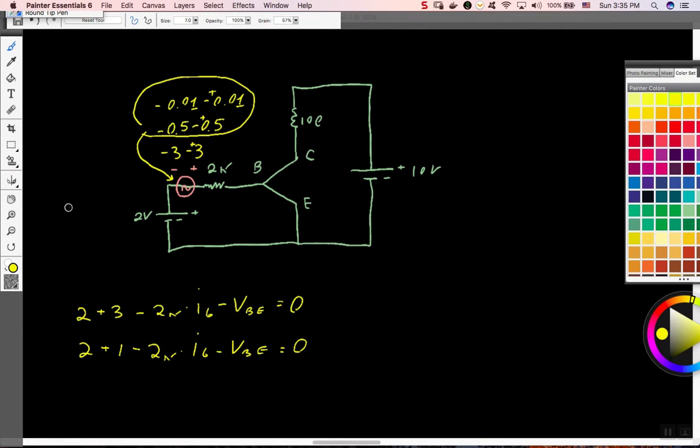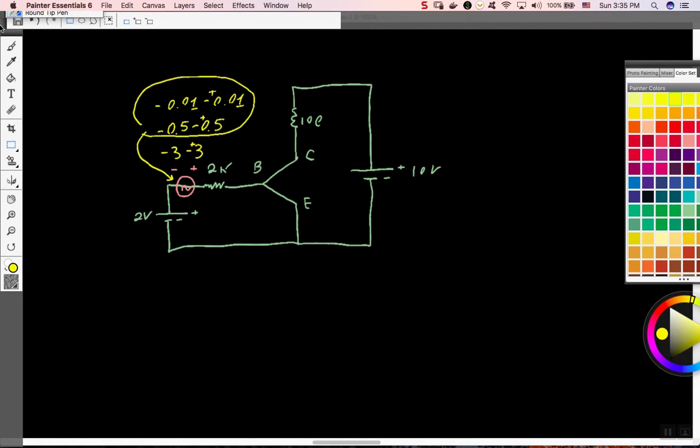So what do we have to do to use the principle of superposition? First of all, I'm just going to erase that for now. First of all, we need to see where the circuit would be without the AC signal. So that's normal. Where would the circuit be without the AC signal?